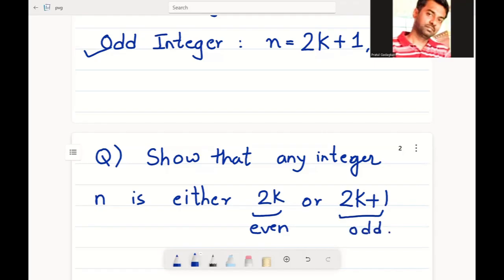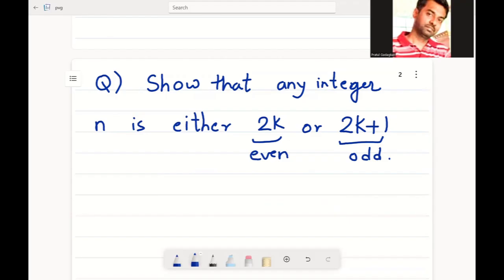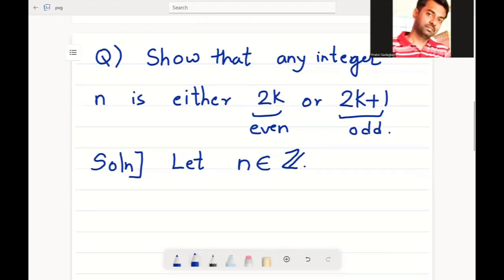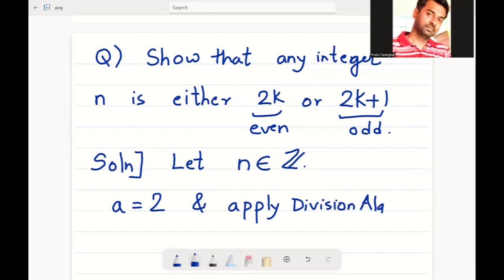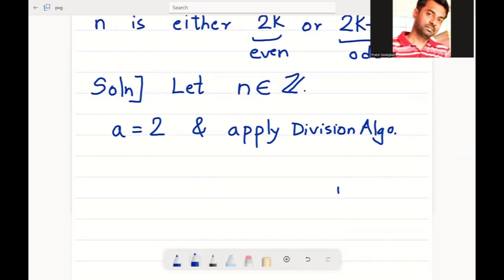So this is a very simple application of division algorithm. So we will take integer n. Let n be any integer, and I'm going to take the value of a equal to 2 and apply division algorithm. And apply division algorithm means I'm going to divide this n by the number 2.